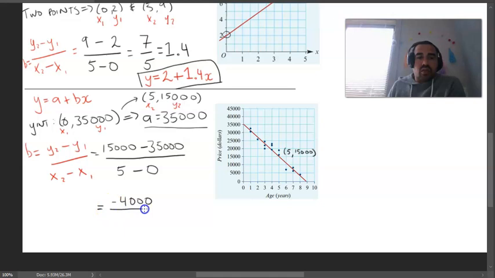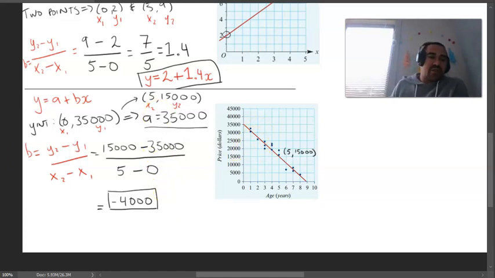So I've just worked this out straight away. The top number divided by the bottom number, 5 minus 0 divided by 5, is negative 4,000. Or in other words, every step this is going across by, it is going down by negative 4,000. Every step we go across, down by negative 4,000.